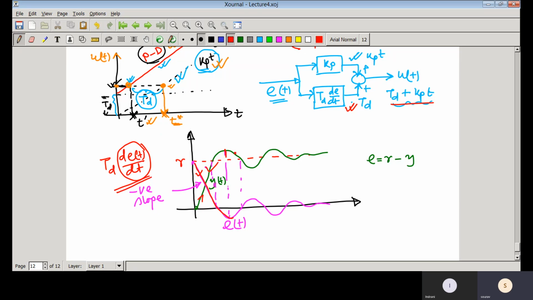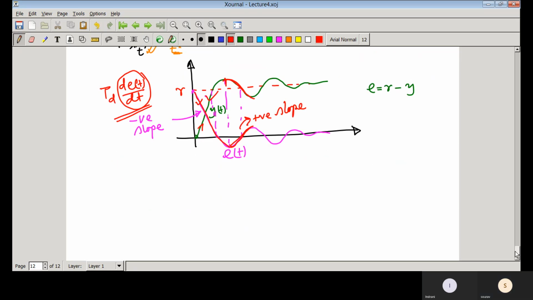Then again, whenever the output crosses the reference command and is gradually decreasing, the error is with positive slope. So in this case, this is positive slope, which means the derivative control action would be positive. So it can anticipate, and accordingly it generates the output.